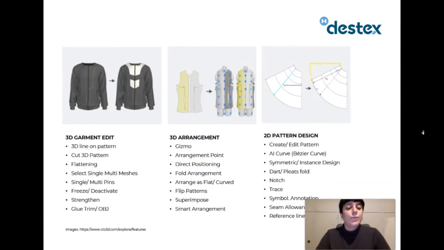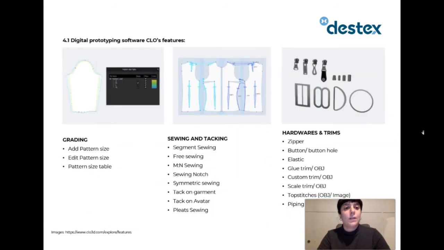Then we move on to the 3D garment edit, where the user has access to 3D lines on patterns, flatten 3D patterns, single or multi-pins, select single or multi-meshes, strengthen, and many more features. The usage can be done not only in 3D but also in 2D, where the user has access to the actual pattern design in 2D and can edit as many features as he would by himself on paper.